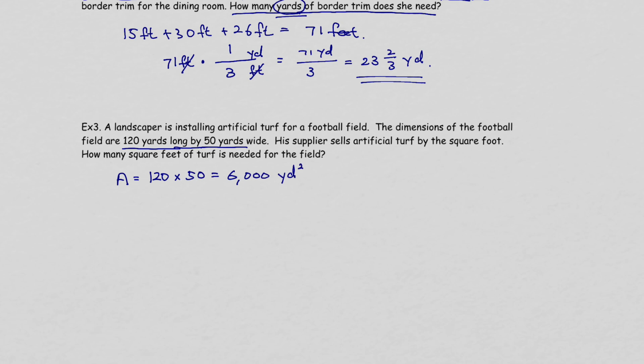But then the supplier who sells the artificial turf to the landscaper, they sell by feet, square feet. So we need to be able to convert this square yard into the square feet. So what we need to do is you're going to multiply this by feet over yard.